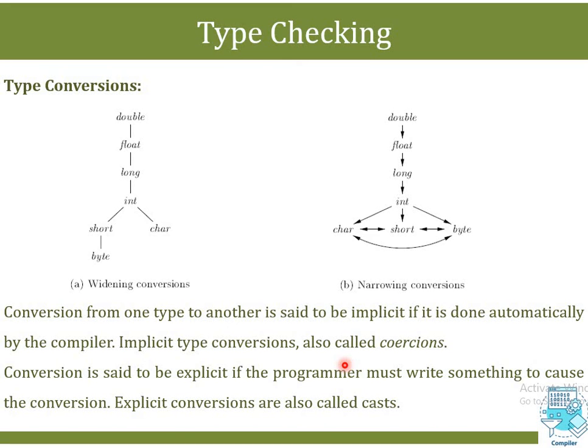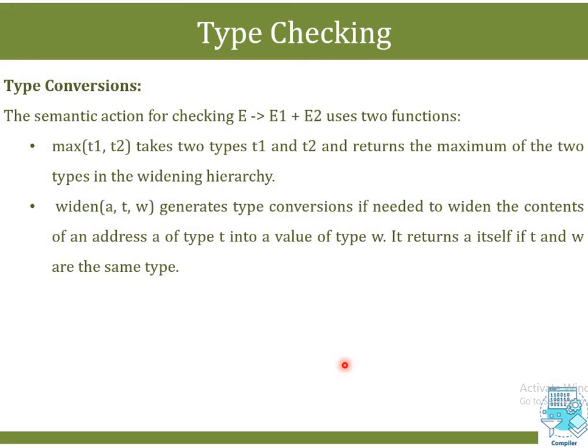Repeating the point once again: all the conversions done by the compiler will be widening conversions. Whenever we have an expression, the semantic rule will be such that the values in the expression are converted accordingly.